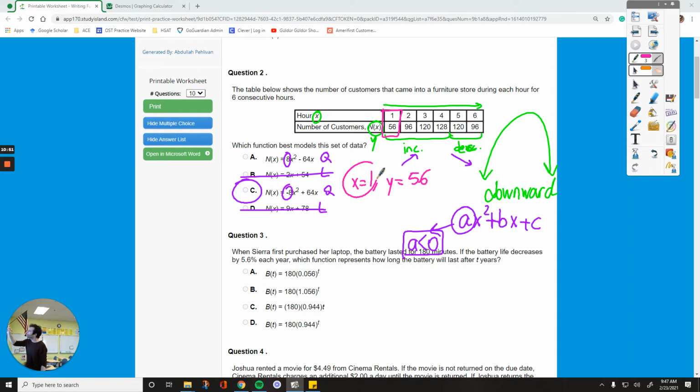Just plug in x equals 1 on the right side of C. Like in here, plug in 1 for x and see if the answer is going to be 56. It will be 56, by the way. So then you will make sure that the answer is going to be C, my bad. Okay, moving on to question 3.